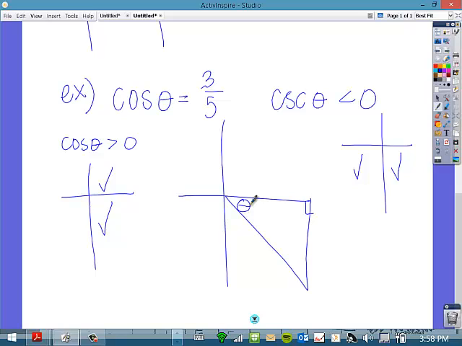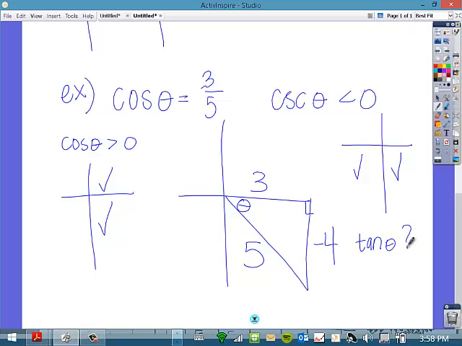Cosine is adjacent over hypotenuse. So the adjacent side is 3, the hypotenuse is 5. You can either do Pythag or just recognize that this is a Pythagorean triple, making this side 4. But because it's below the x-axis, it's -4. So I could ask you, now what is tangent of theta?